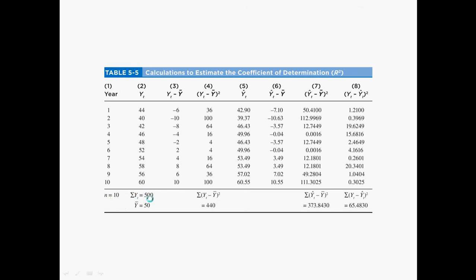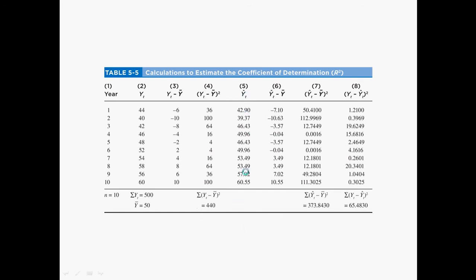Here we say the sum of the YTs is 500, so Y bar equals 50. Then we subtract that in each of these cases, and we get YT minus Y bar. So this is an estimate of the total deviation. And then we square all of these, so YT minus Y bar squared. That gives us the total sum of squares, the sum of squared deviations.